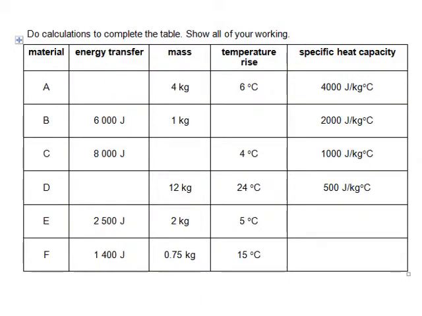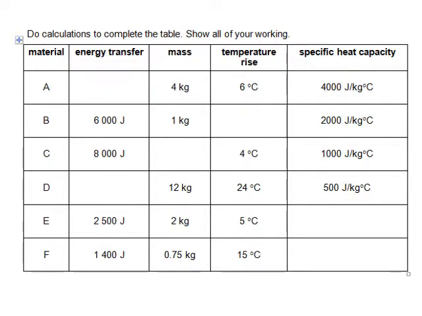So now I want you to copy and complete the following table, and remember to show all your working, and then we'll go through it together to see if you're on the right track. Right, so welcome back. Let's look at the materials A, B, C, D, E, and F and work out their missing variables.